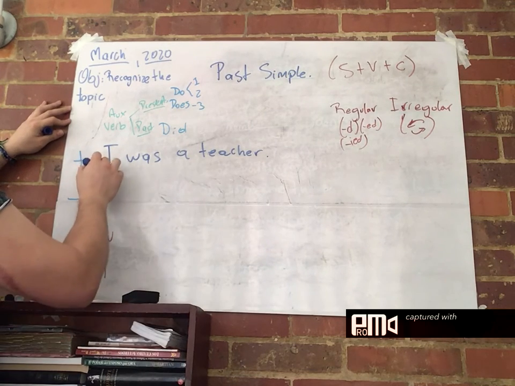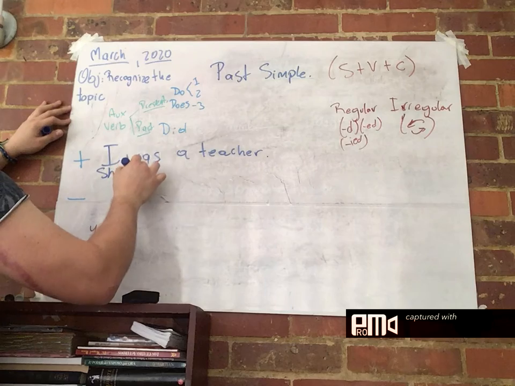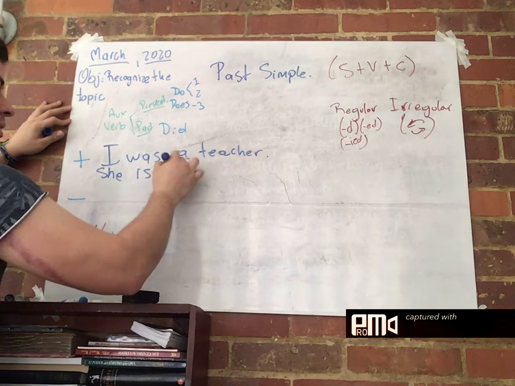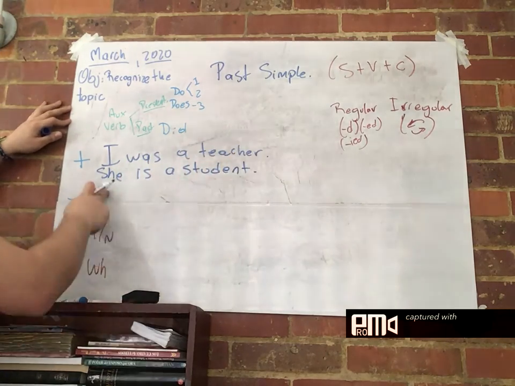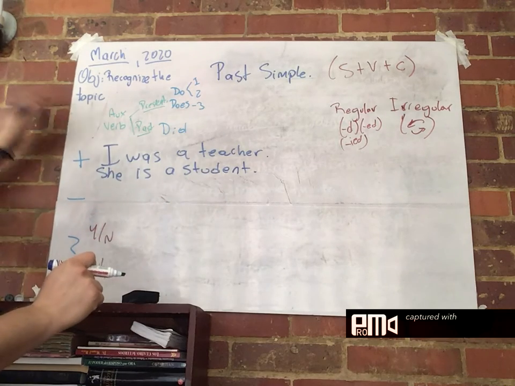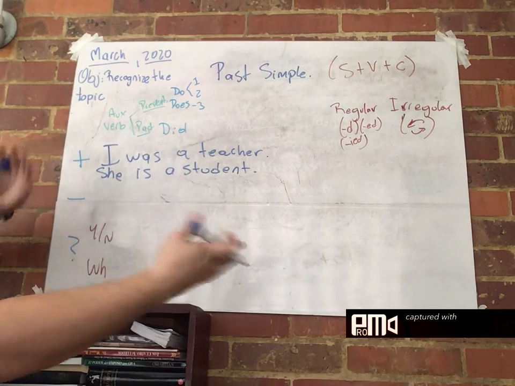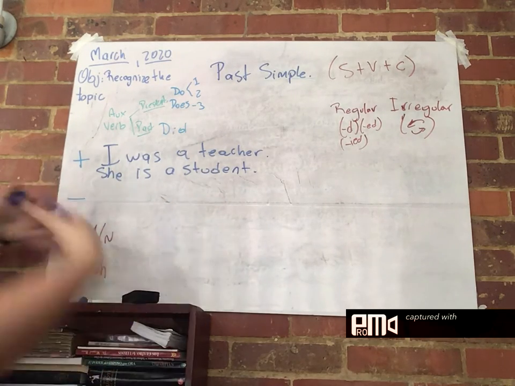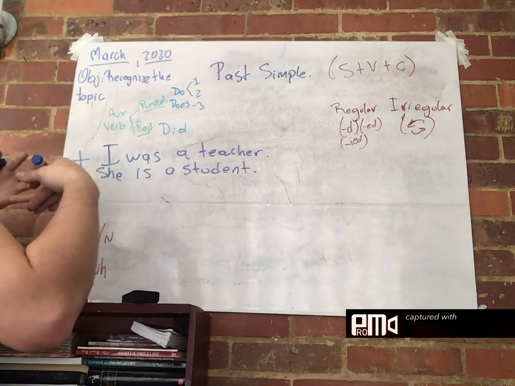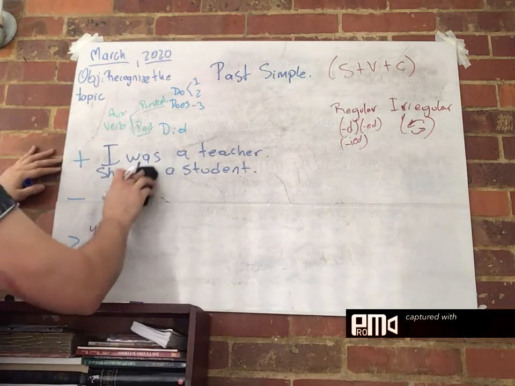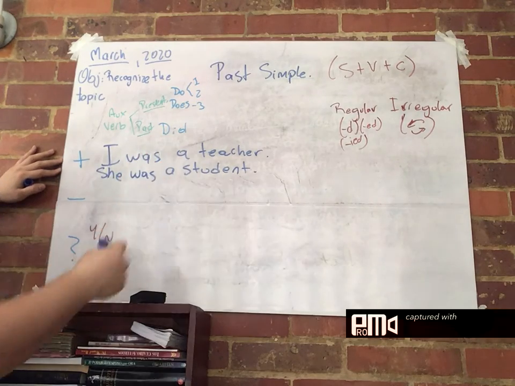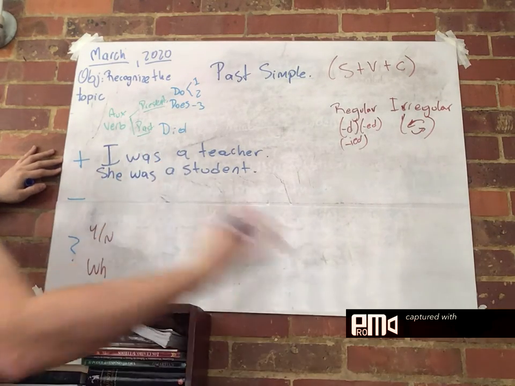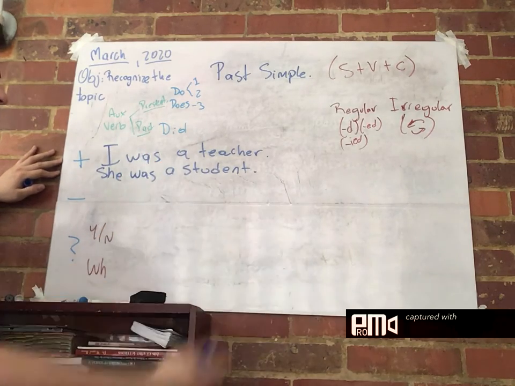For example, in the present, she is a student. But for example, you meet her ten years later and you say, she was a student in my class at the school where I worked.